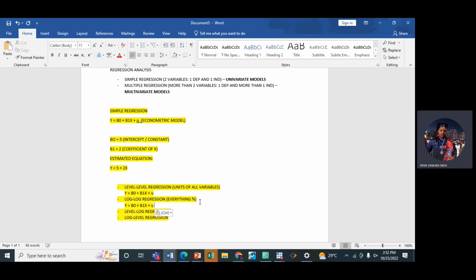For log regression, we can have it like this, let's put everything in log. So this Y will be in log, and this X will be in log. So you see we have taken the log of Y and we have taken the log of X. So that is log.